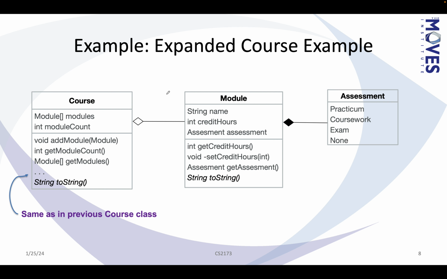When you're developing a complex program, my experience and the experience of many others is to do it in stages. In this particular case, the first stage, the first milestone, was to create a course.